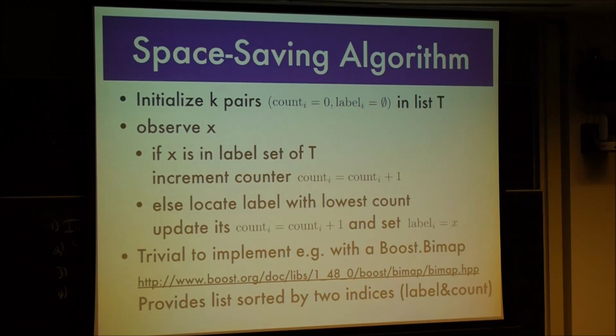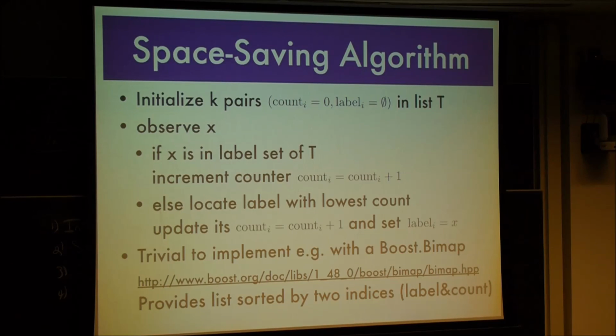You can order it by the values, which is what we need, because we need to order it by the counters. So it maintains exactly the data structure that you need. You might almost think that somebody implemented this just to implement space saving. So basically, don't do it yourself, just use that. You can quickly get the smallest element, and I'm done.